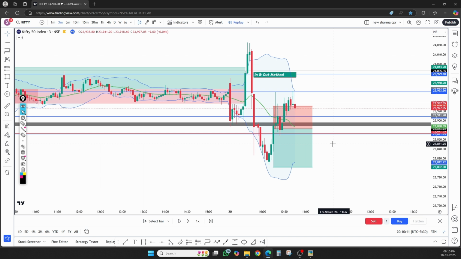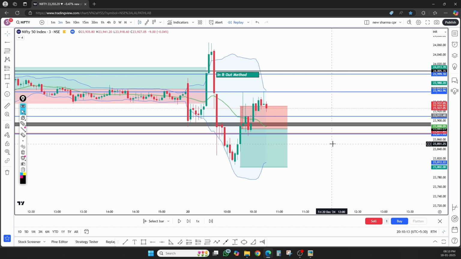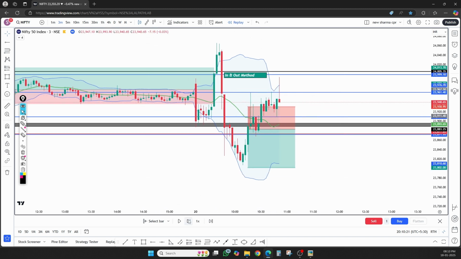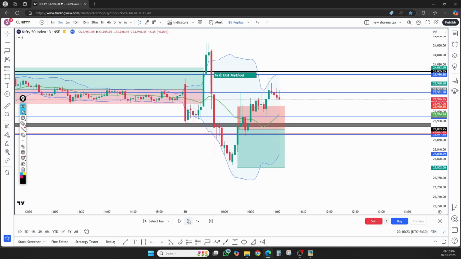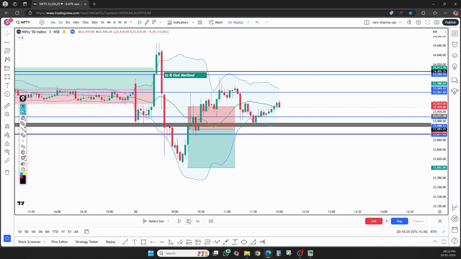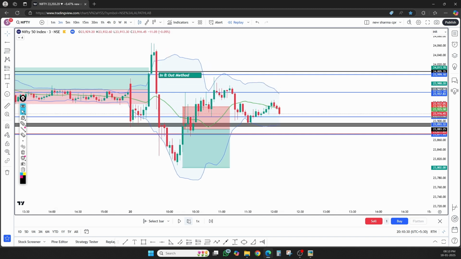Now further, what it's trying to do, let's understand. Again it formed like a mother child candle.